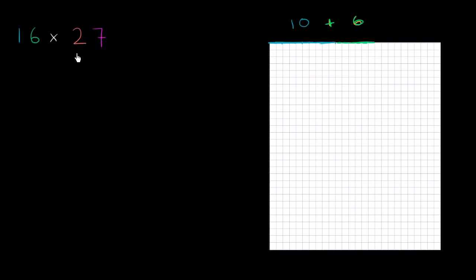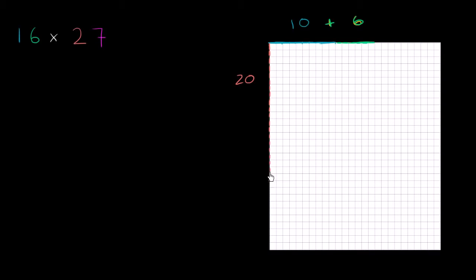Now let's think about 27. Well, we already know that the 2 in the tens place is representing 20. So let's count off 20. 1, 2, 3, 4, 5, 6, 7, 8, 9, 10, 11, 12, 13, 14, 15, 16, 17, 18, 19, 20.